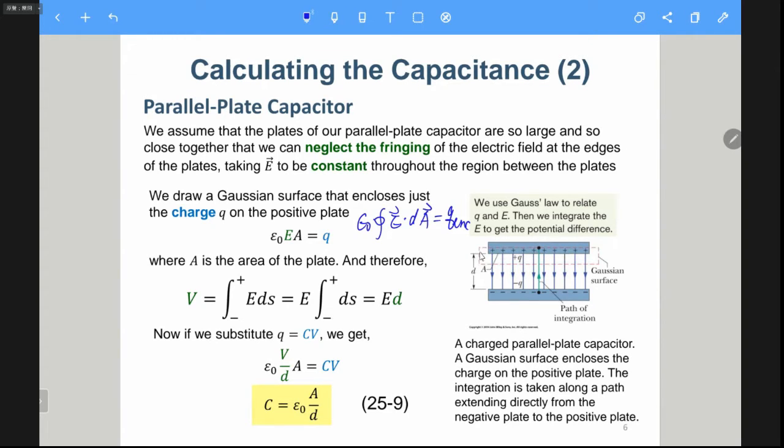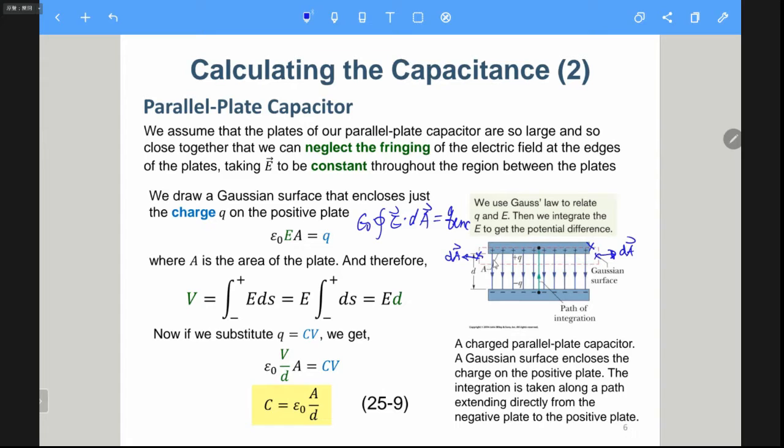For the side surfaces, the E field is perpendicular to dA, so there is no contribution either. The upper surface has no E field. So the only contribution to E dot dA is the lower surface.